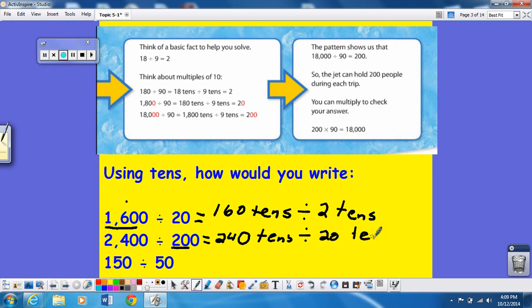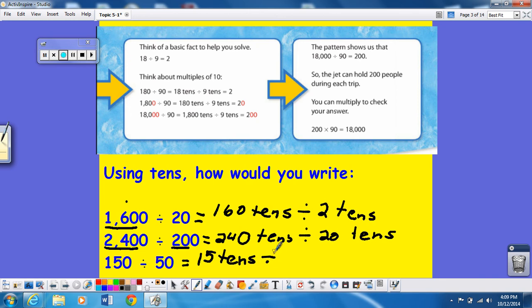Okay, so remember the trick there when you're trying to make it into tens. Go all the way over till you get to that last zero, and it's that many tens. So 150 would be 15 tens. This is really hard to write on.